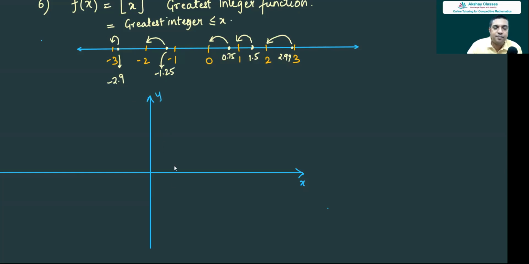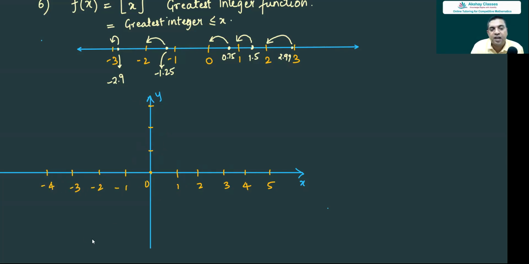Now these are 1, 2, 3, 4, 5, minus 1, minus 2, minus 3, minus 4, minus 5.